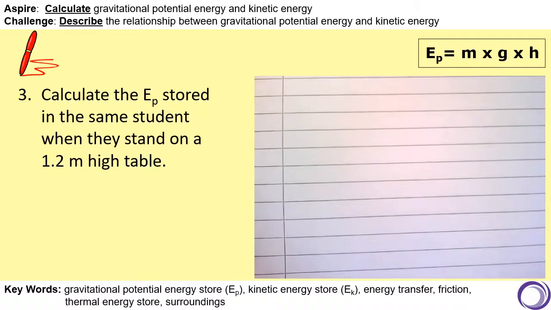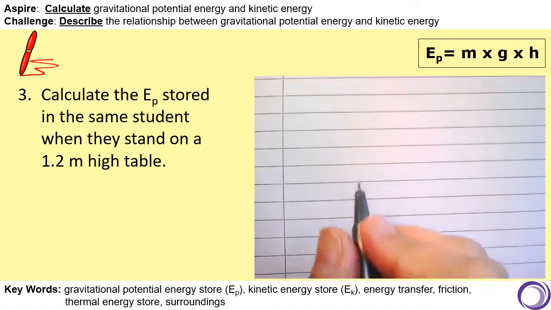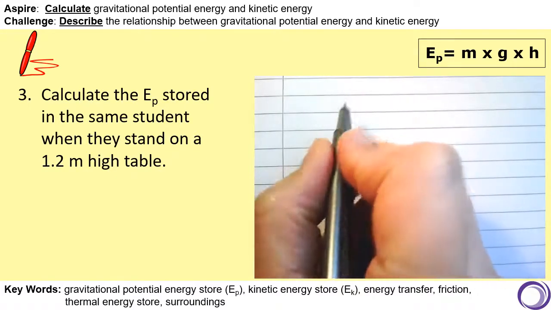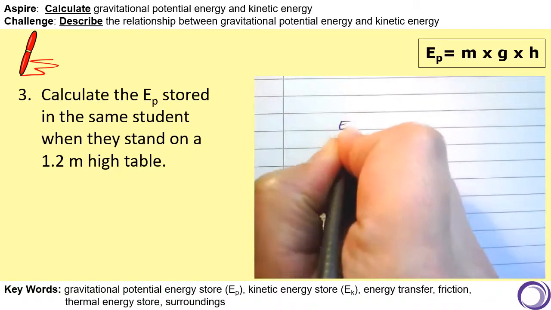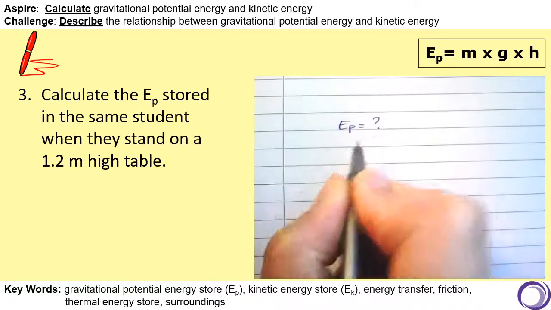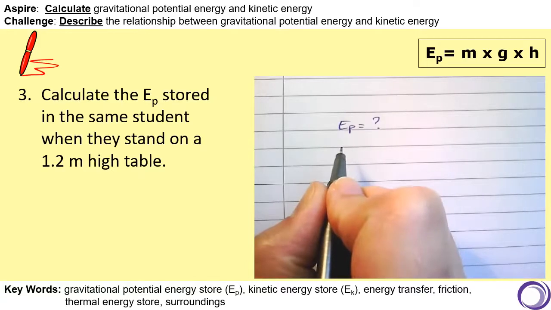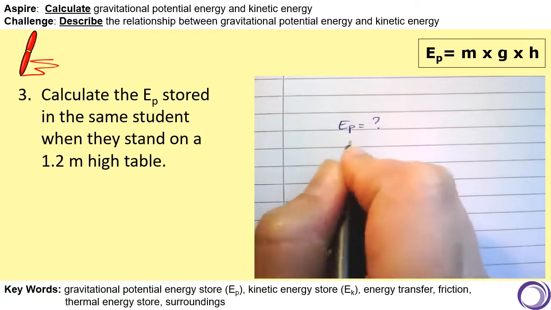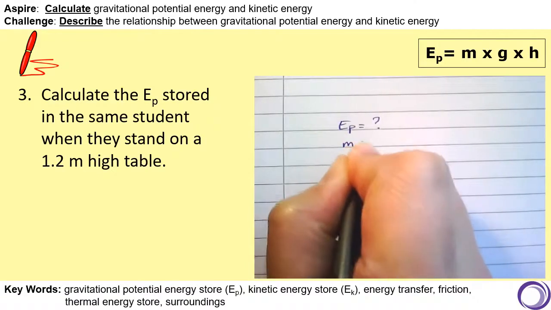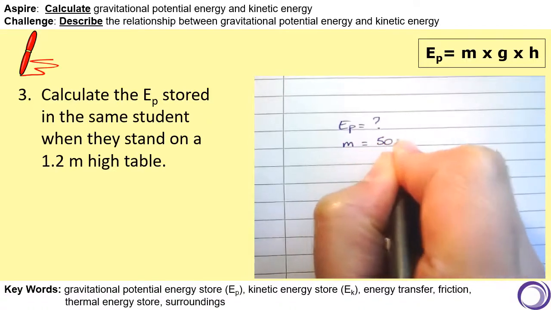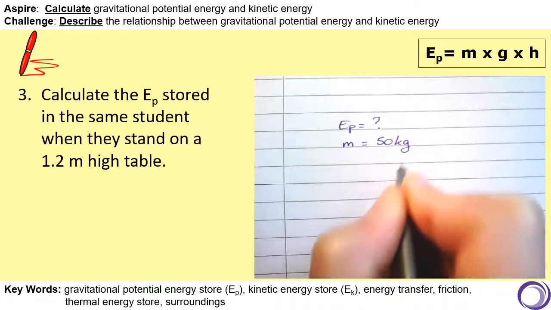Okay, question number 3. So calculate the EP stored in the same student when they stand on a 1.2 meter high table. So let's write our values down again. So EP is what we're looking for. Now the question says that it's the same student, so that means they have the same mass. So the mass given to us last time was 50 kilograms, apologies.